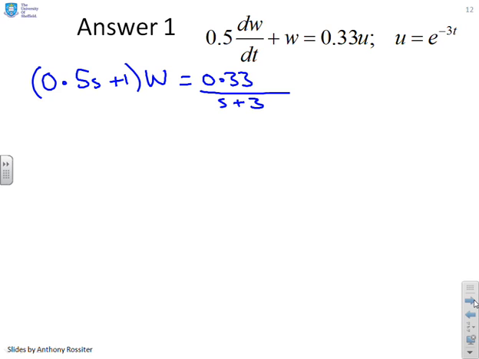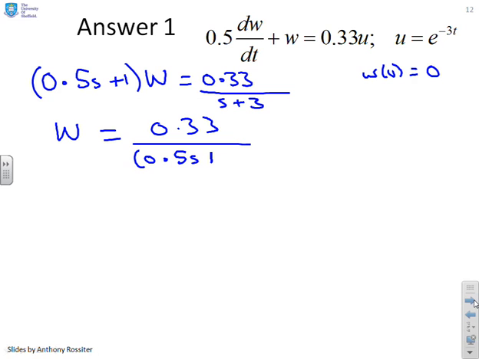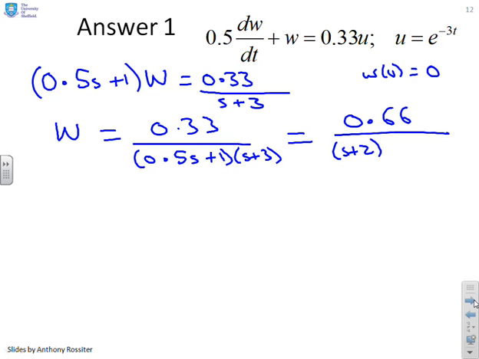And you remember, for this particular case, we had the initial condition w(0) = 0, so I have not included the initial condition. Now I can divide throughout, so I get W = 0.33/((0.5s + 1)(s + 3)), or putting all the factors in monic form because it makes my life easier, I multiply through by 2 and I get 0.66/((s + 2)(s + 3)).